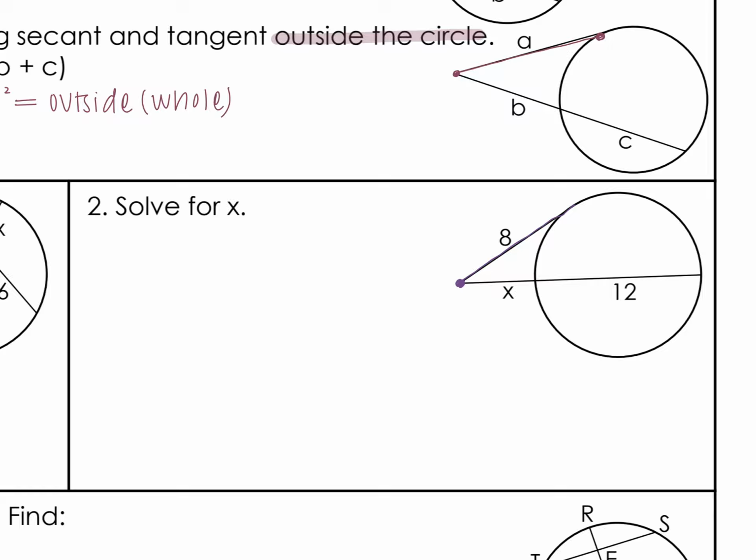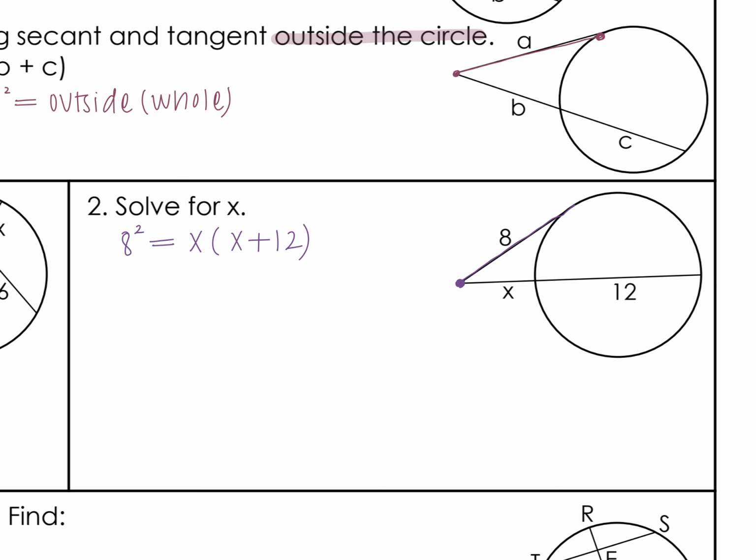So with this one, since we have a tangent, we're going to multiply my outside, so 8 times the whole length, which is where we're getting that squared from, 8 times 8, is equal to my outside of the secant, so x times my whole, which is the x plus 12.